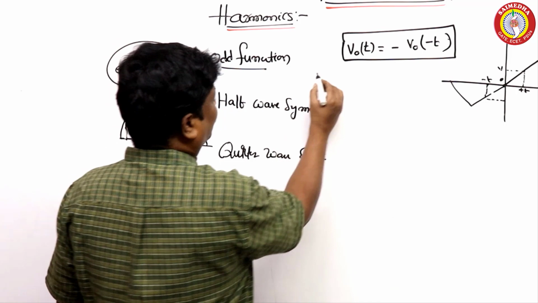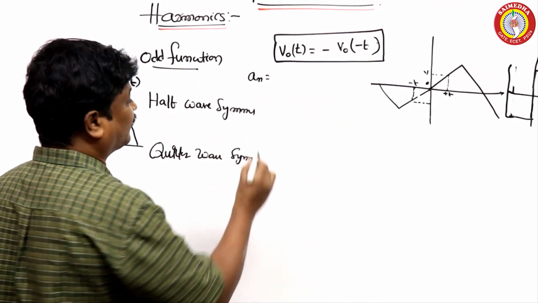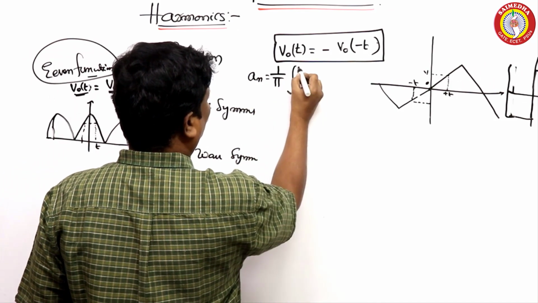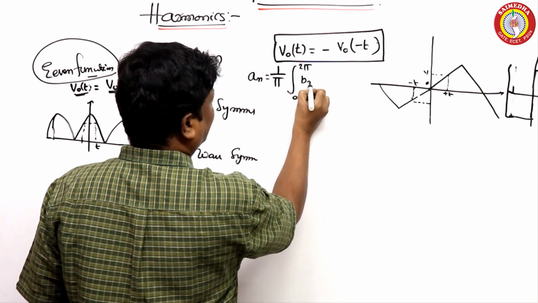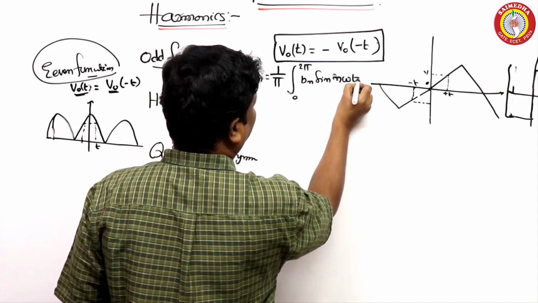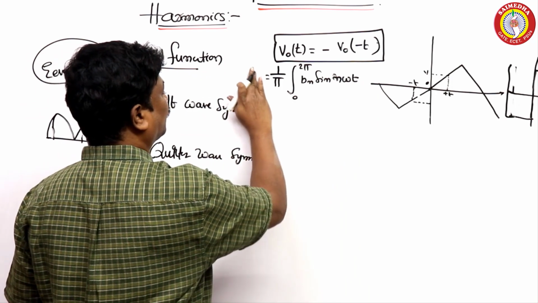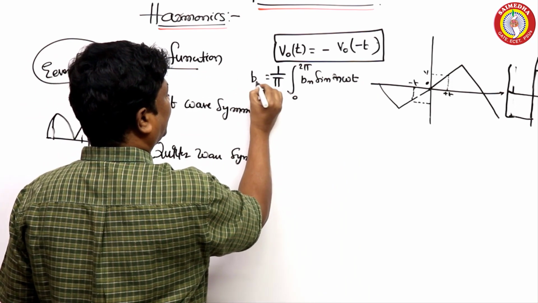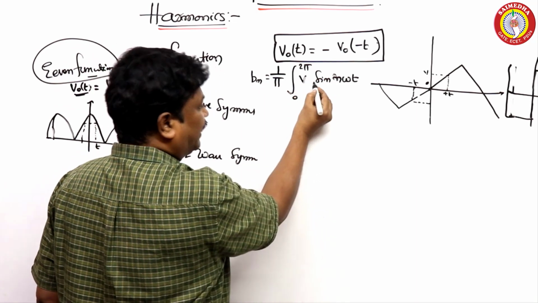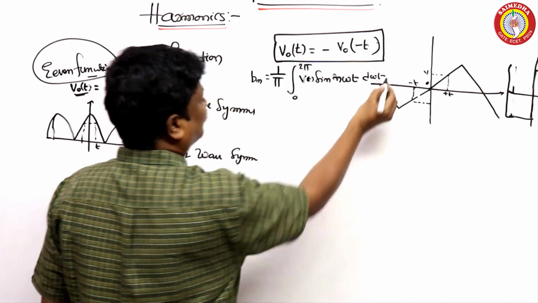Sir, how do we get the Bn for this odd function? For this odd function, we get 1 by pi integral of 0 to 2 pi, Bn sin n omega t. So Bn is equal to V naught of t sin n omega t d omega t.